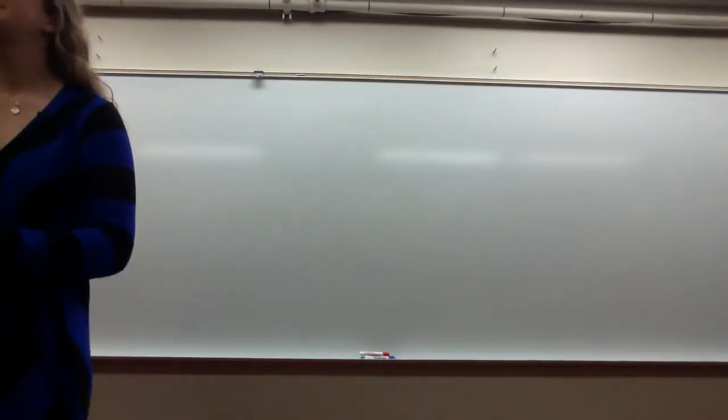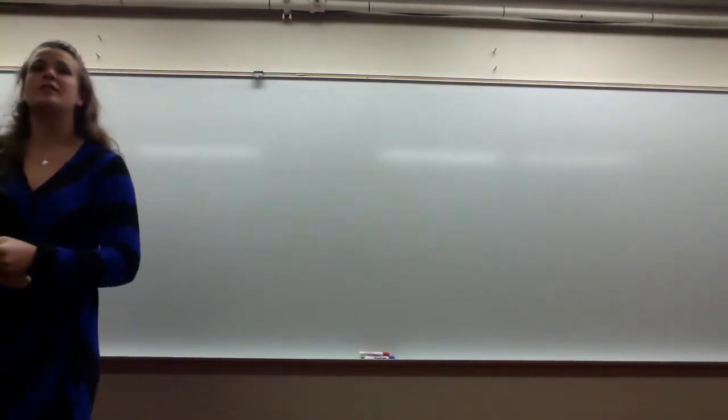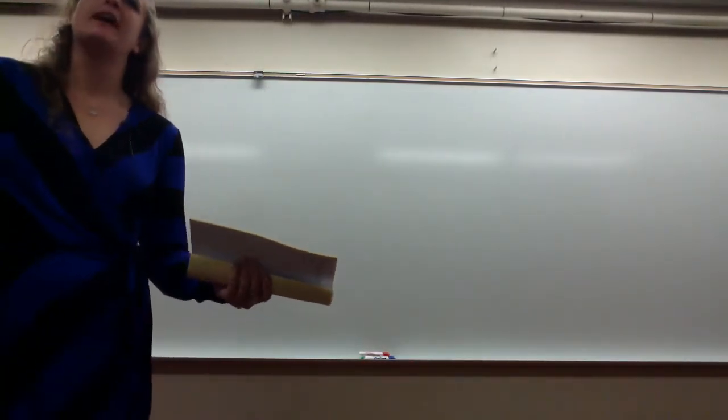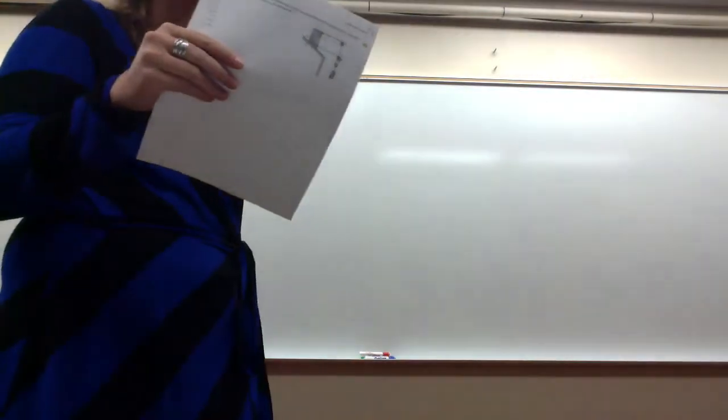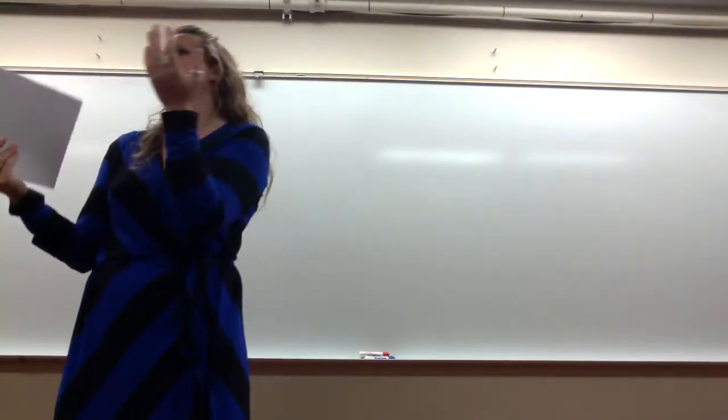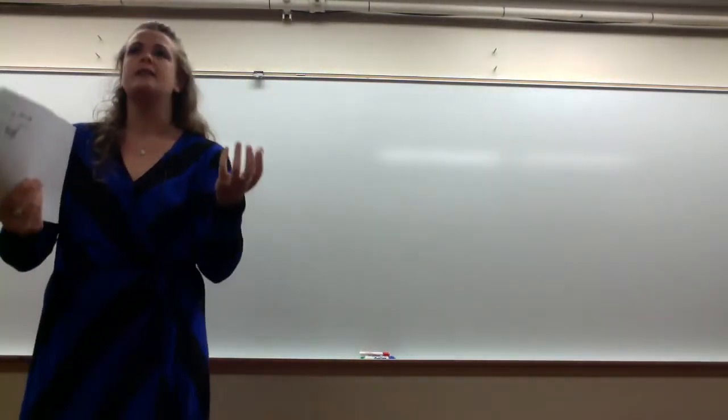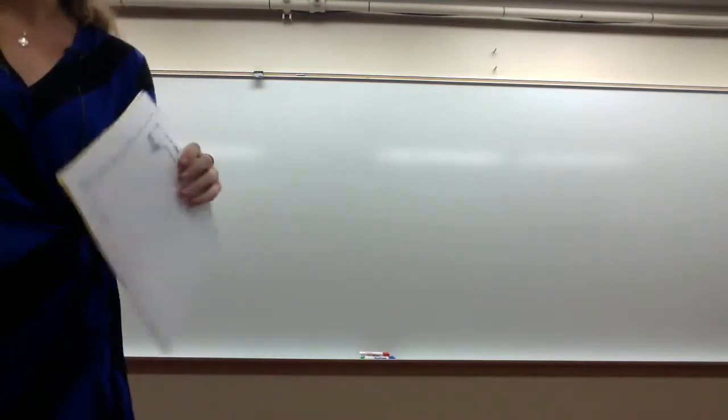Anybody? The surface is changing. If it was a point, that tension would be equal on both sides, and that's the assumption we made in the last test. But it's not, because that surface is changing.